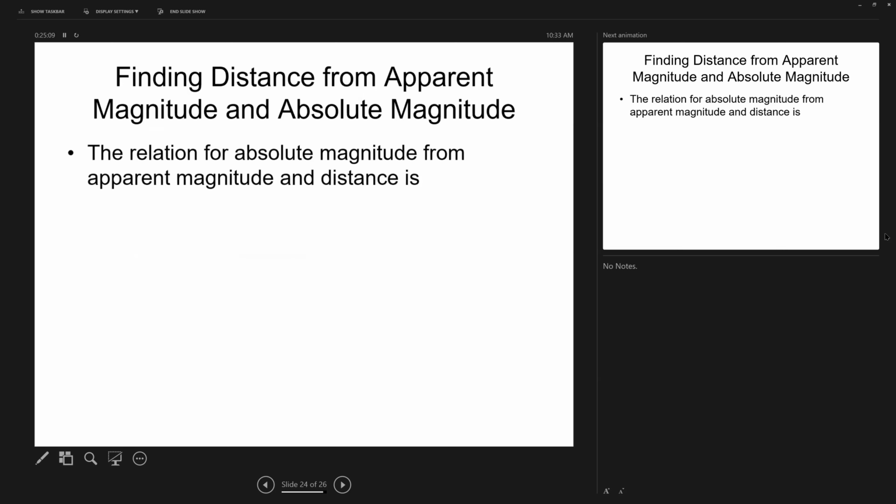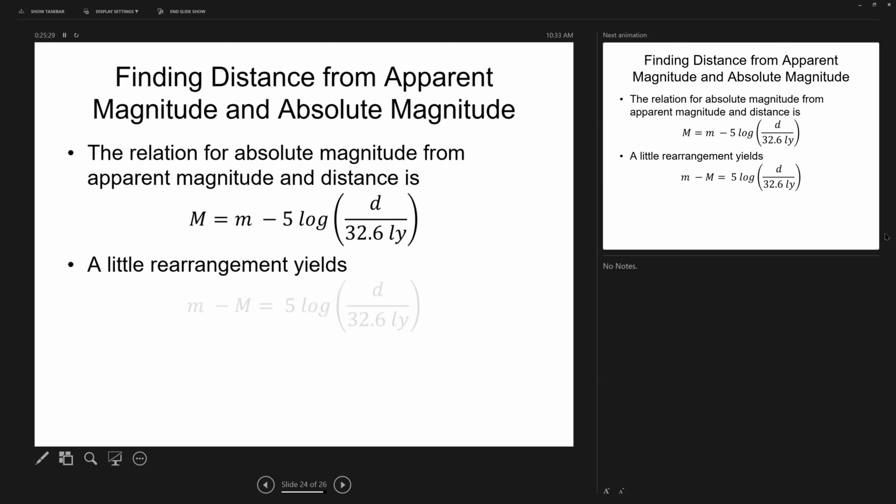Here's how that'll work. Here's the relation between absolute magnitude, apparent magnitude, and distance. That's an equation with three variables. If you know any two of the variables, you can determine the third. You rearrange things, you can get little m minus capital M is 5 times the log of d over 32.6 light years.